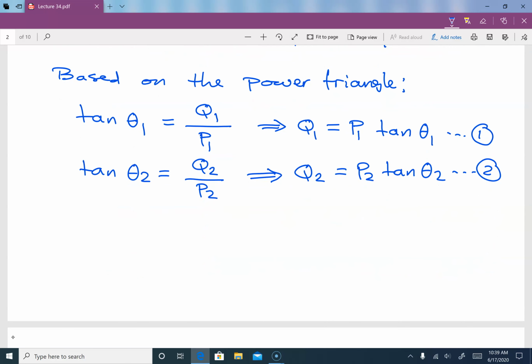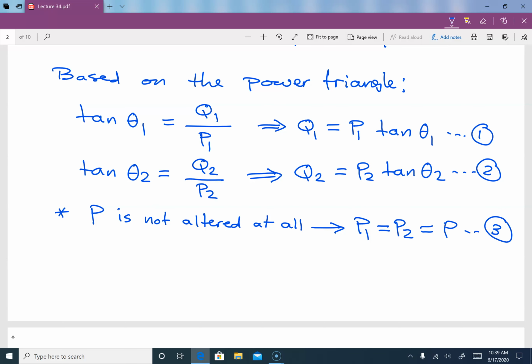However, if you look, we have not touched the P. So P is not altered at all. That means P1 is equal to P2, and we can call that P. And this is, let's say, our third equation. So now if we substitute the third equation into equation 1 and equation 2, this is what we are going to get.